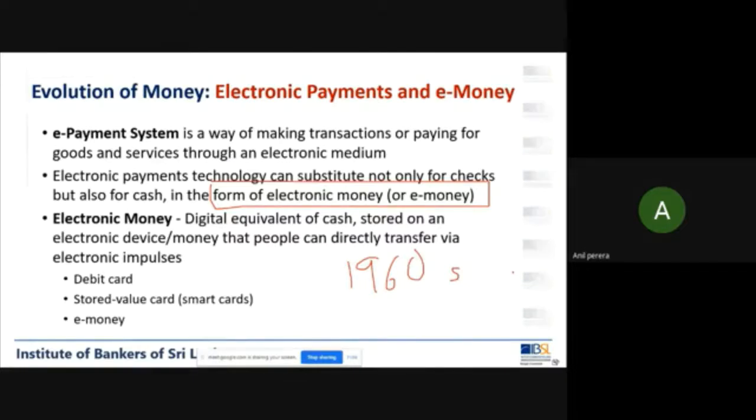Debit cards, smart cards, e-money transactions, fund transfers, all these became very popular in the late 20th century. Especially, I think credit cards were introduced in the 1960s by a private company in the US. I think it's a company that sells durable goods. To introduce an easy payment scheme, they used this concept of electronic cards, electronic money.